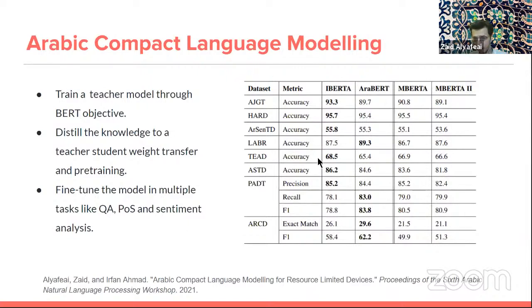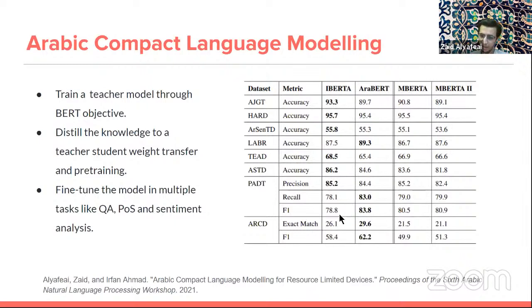On this table on the right, we show the results and we compare to the state of the art at that time, which is AraBERT, and this is our teacher model. We show that our model achieves better results in most of the datasets that we provide.